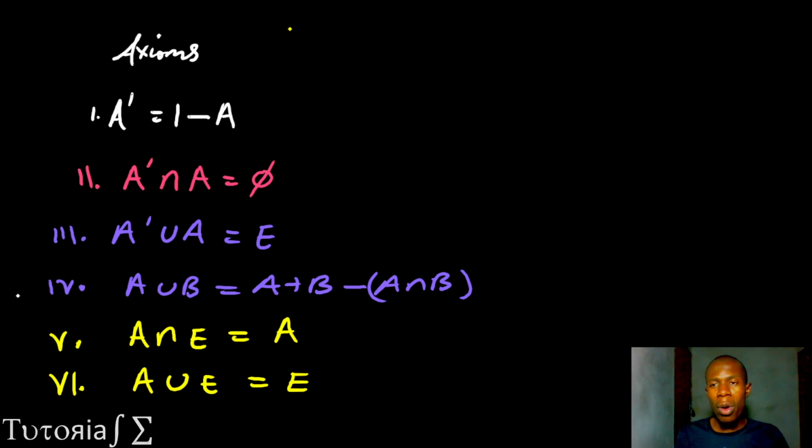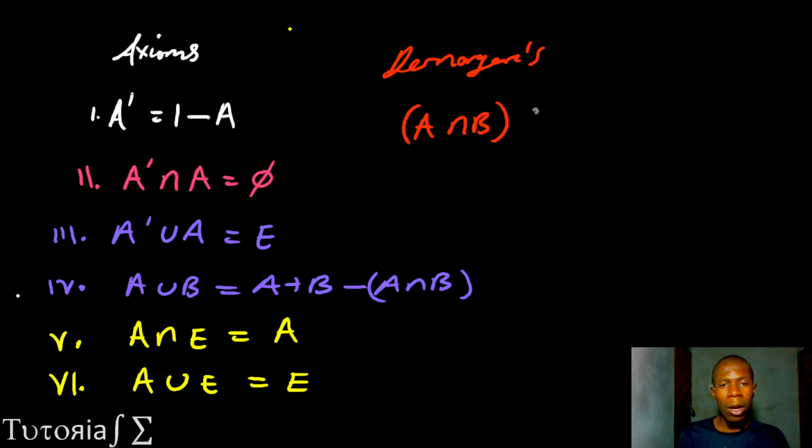The other one is not really an axiom but rather a theorem. It's called De Morgan's. It states that if you have the complement of A intersection B, you can break this down as A complement, then the sign changes to union, B complement. Vice versa works too. If you have the complement of A union B, then it is A complement intersection B complement.